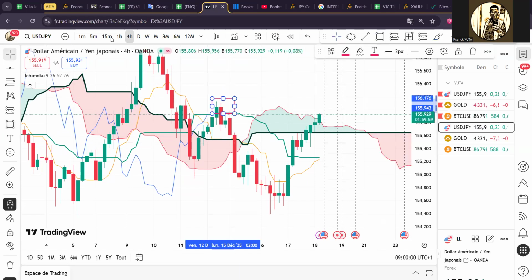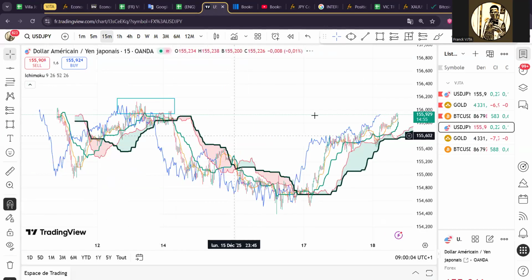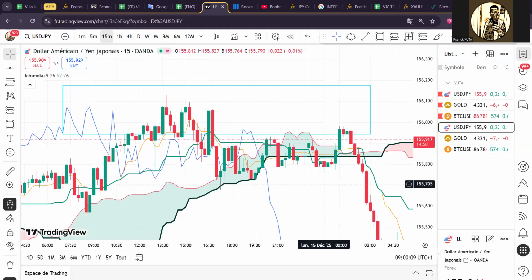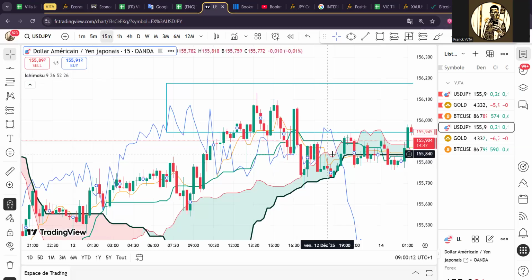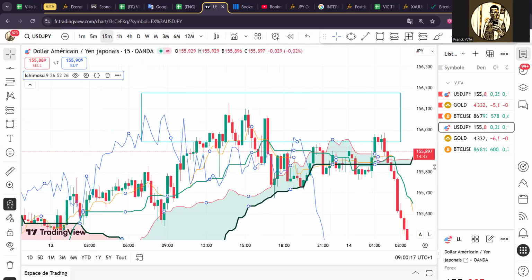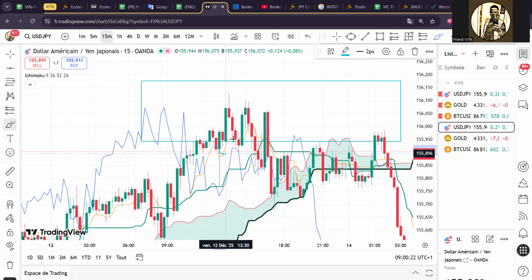That was on H4. Now you go on 15 minutes. How do you know that you can enter here? What is the best moment? The best moment will be when you realize that Tenkan started bending down before it even touched the H4 setup. So this one doesn't count, right? It is the Tenkan that touches when the candles are inside the H4 setup.